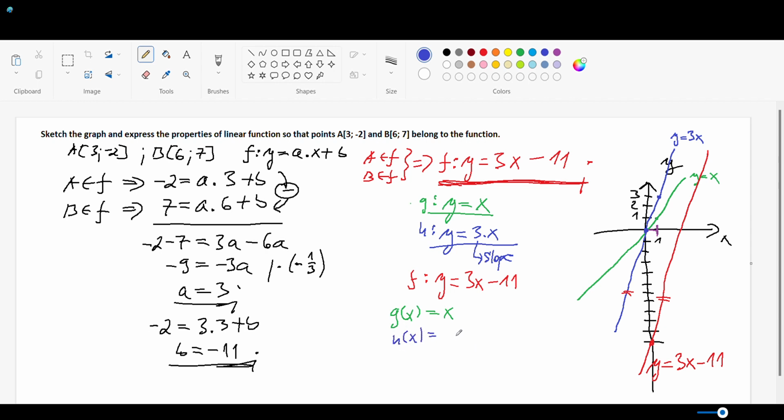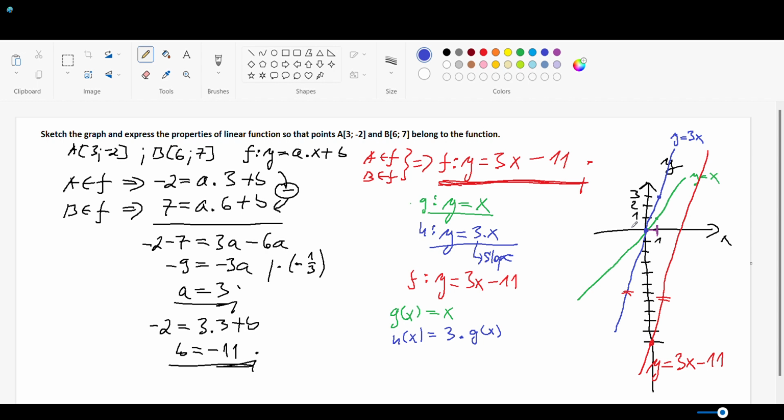The function h(x) could be defined as 3 times g(x). So it means we multiplied each value of the g(x) function by 3. That's why the blue line is steeper than the green one.